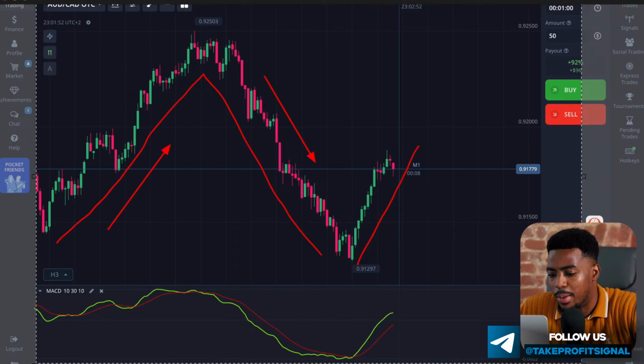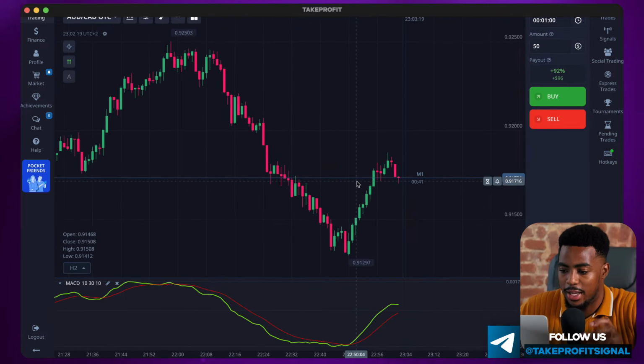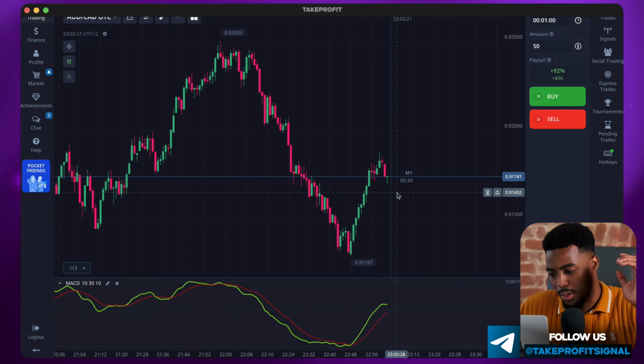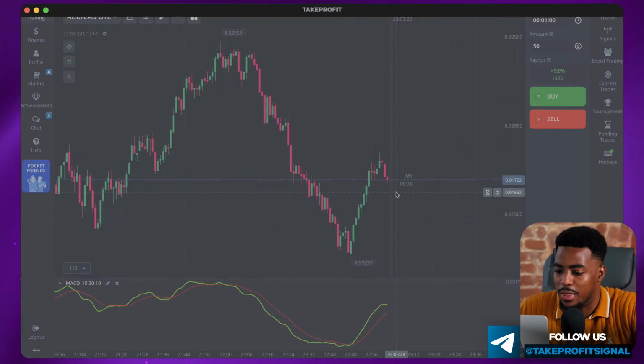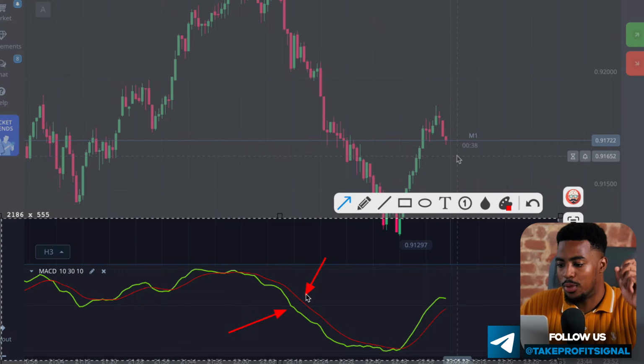So with the help of the MACD indicator, our task is simply to identify the change in trend. The MACD line helps us with this. Look closely. We have a green line and a red line. It's very simple. There are just two lines that intersect at certain points. For example, here the indicator is at the bottom.